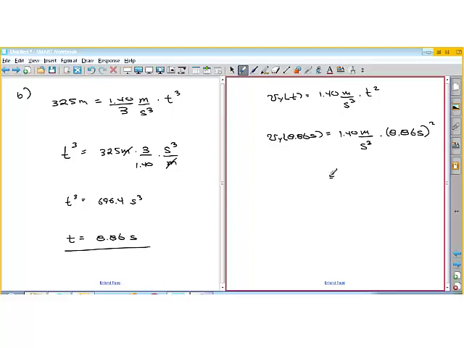The units become meters per second because you have seconds squared divided by seconds cubed, which is 1 over seconds. 1.4 times 8.86 squared is 110. So the velocity at 325 meters, which corresponds to 8.86 seconds, is 110 meters per second, which is the correct answer.